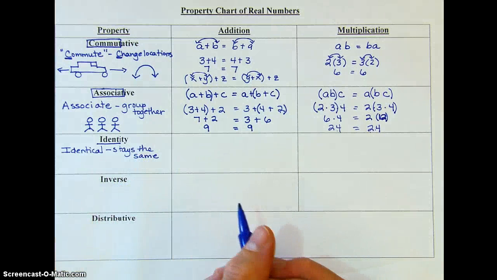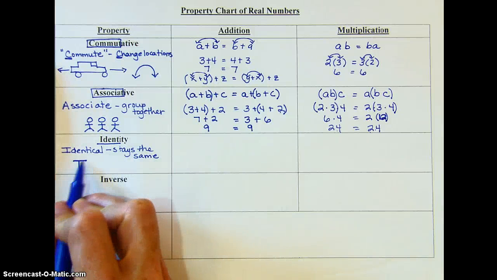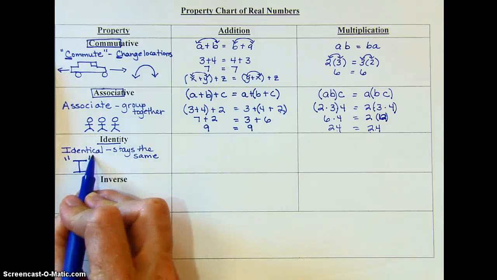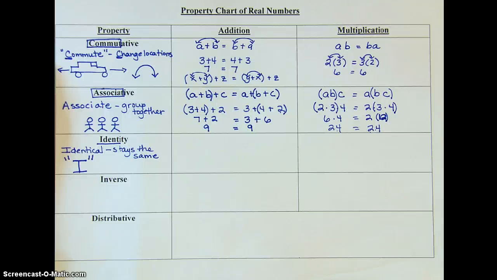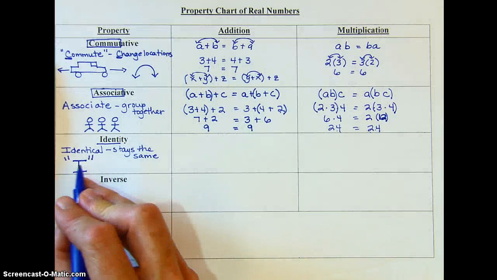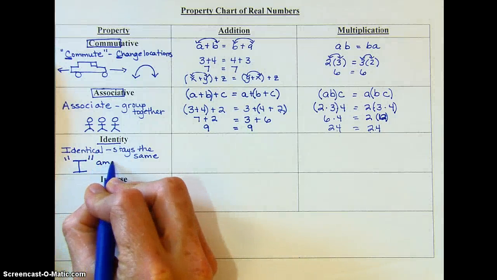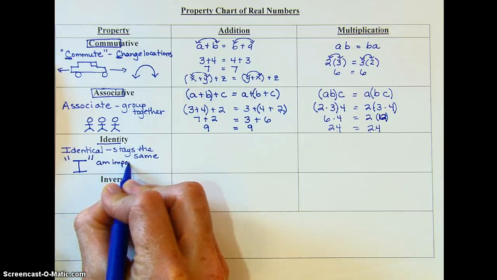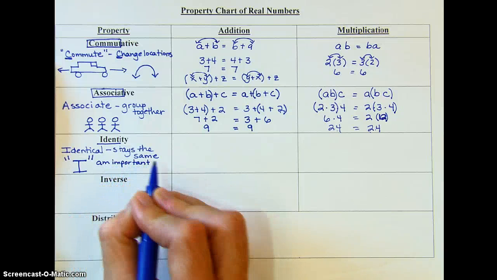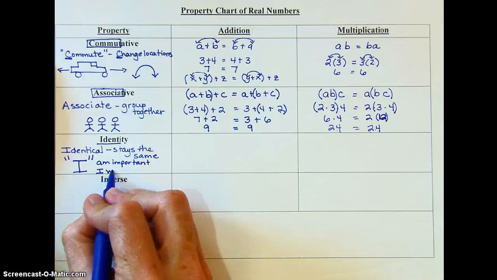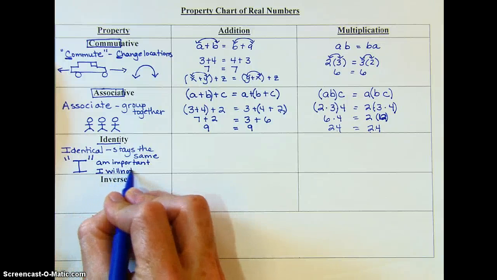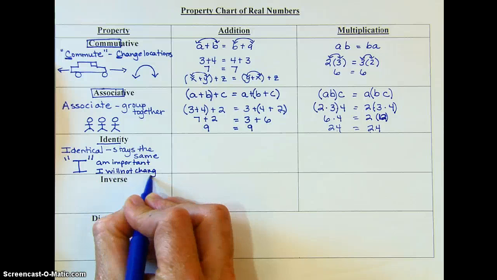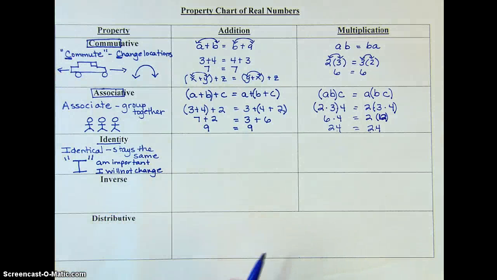Now, remember I for identity, okay? The way to remember this is to think I am important, I am important and I will not change. Okay, you are who you are, identical.